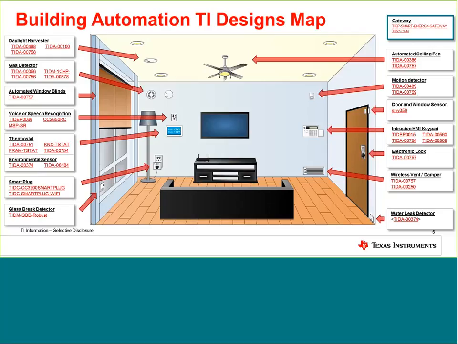So for example, here you can see a specific room which can be connected to the cloud, and we have daylight harvesting, we have a gas detector, automated window blinds, voice speech recognition, thermostats, smart plugs, glass break detectors. We have also automated ceiling fan designs, motion detectors, and so on. All that is connected naturally to the gateway.